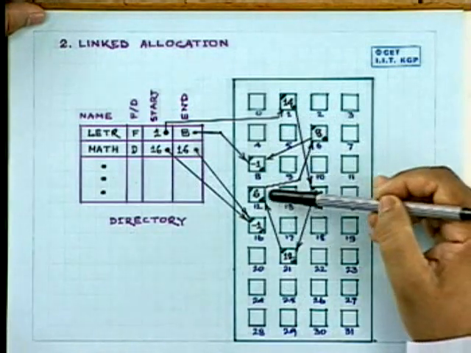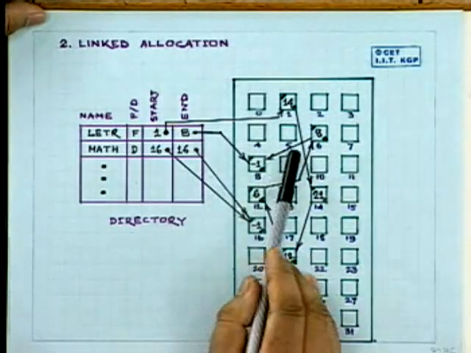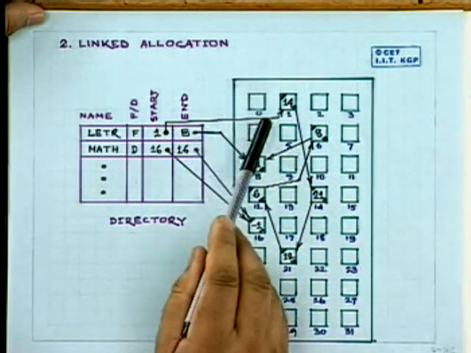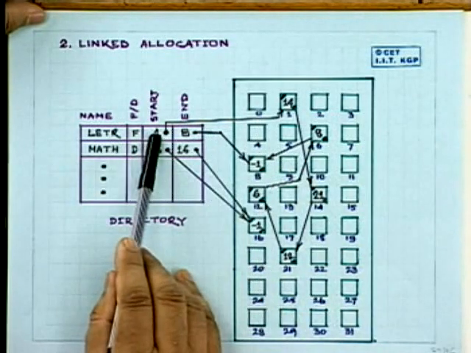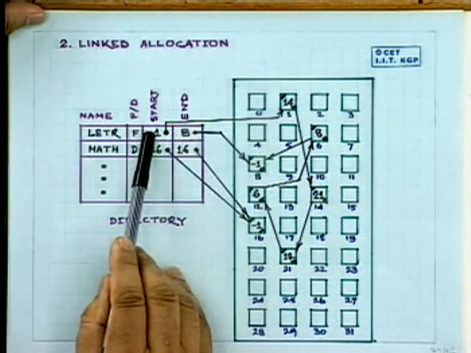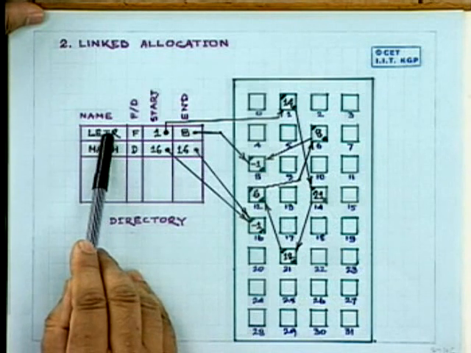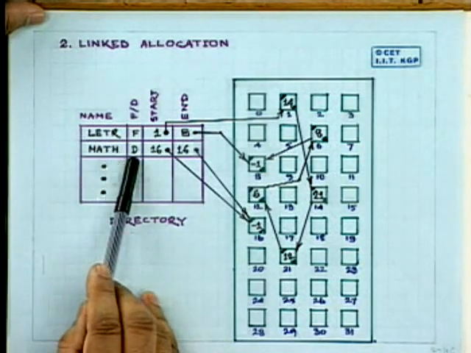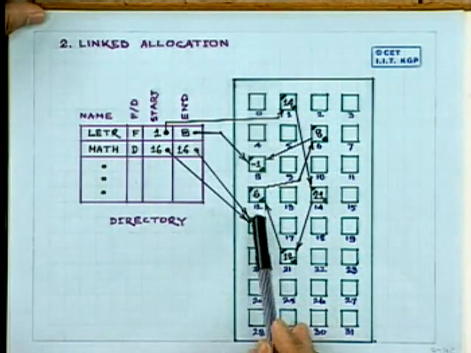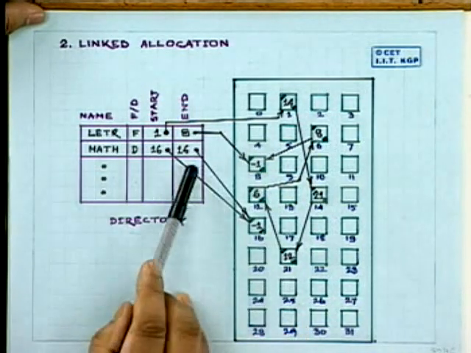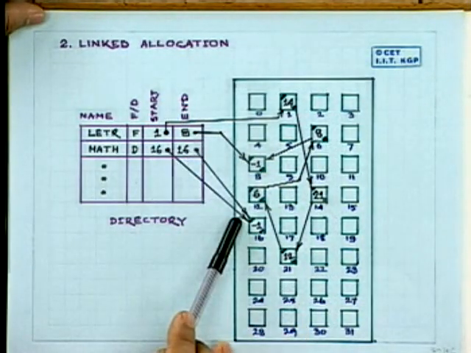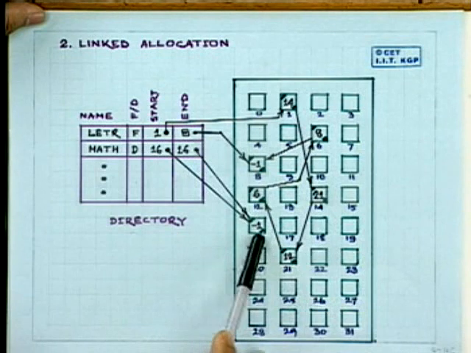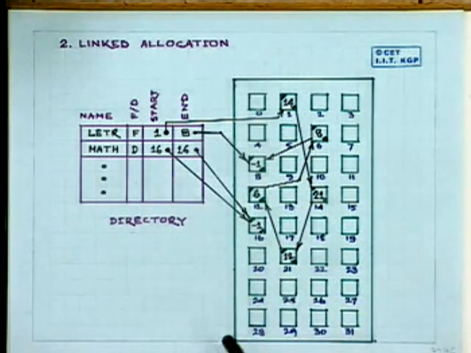All 6 blocks are linked together, and the beginning and end of this linked list information is kept in the entry for that particular file. So mass is a directory and possibly needs only one block, and therefore the beginning and end are both marked to the same physical block.